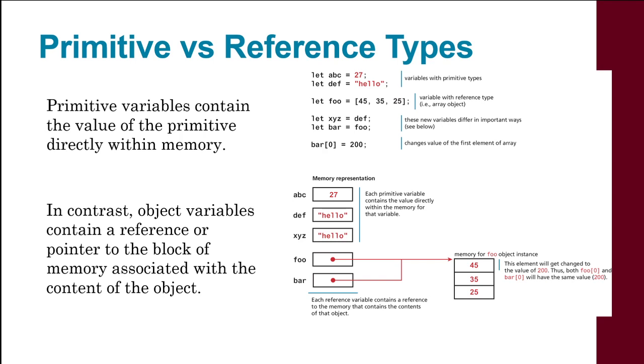The top two are variables set to primitive types. Let ABC equals 27 is a variable set to a primitive type, number, of 27. Let def equal "hello", in quotes, is setting a variable to a primitive type of string.